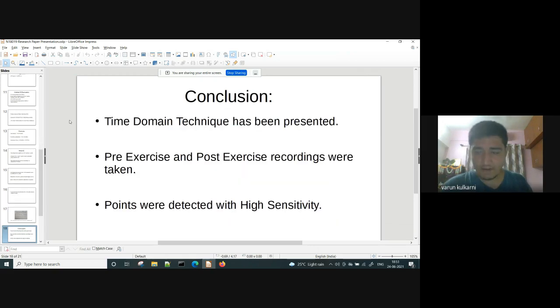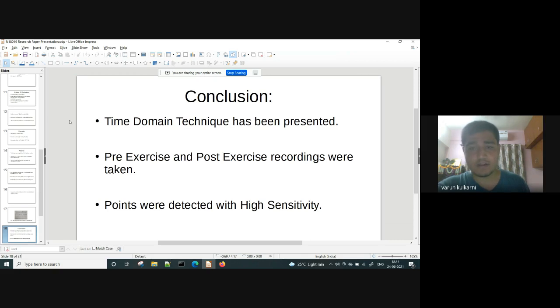Now coming to the final conclusion, a time domain technique for automatic detection of B, C, and X points in the ICG waveform has been presented. It does not require estimation of the baseline and selection of the processing parameters. Use of the technique on pre-exercise and post-exercise recordings from healthy subjects and cardiac patients showed that the points were detected at a high sensitivity and a low detection error, with very similar results for the unprocessed and the denoised ICG waveforms.